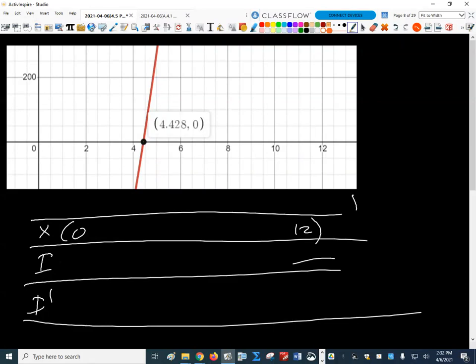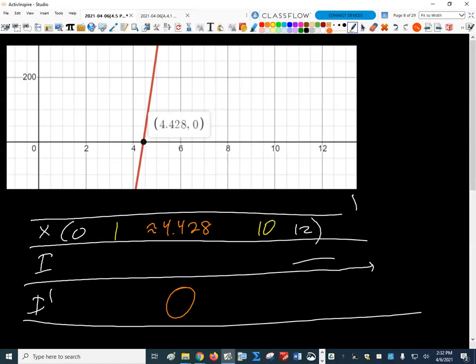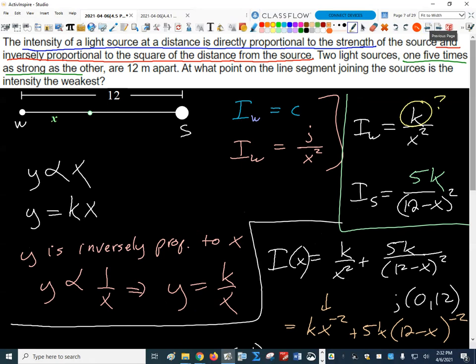We didn't really want to take that second derivative because it was too much of a hassle. So our critical number was about 4.428. That's where we had a 0 of our first derivative. So we'll just revert back to the first derivative test. Let's pick a test point at 1, and how about a test point at 10? And we'll just evaluate our derivative at those places.